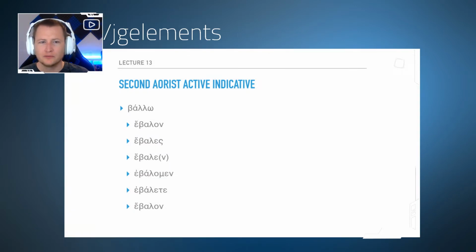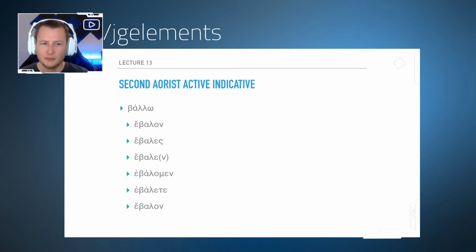So I received, you received, he, she, it received, we received, you all received, and they received. So here's balo. Balo is liquid, right? But because its verbal root only has the one lambda, we're just going to use bal with one L. Add the augment, add the connecting vowel, add the secondary active endings.